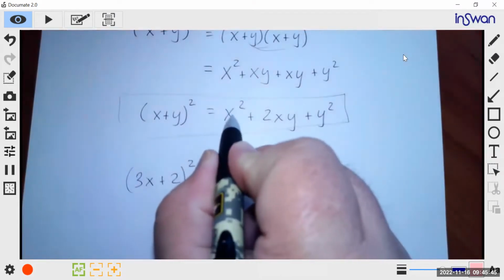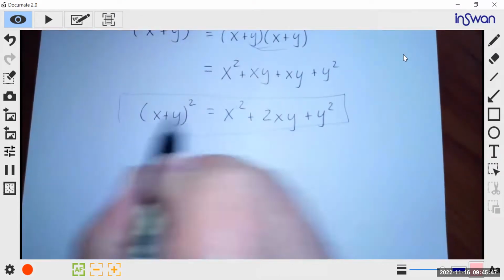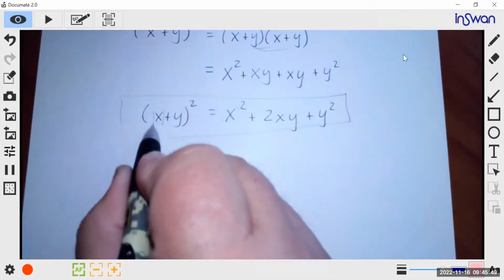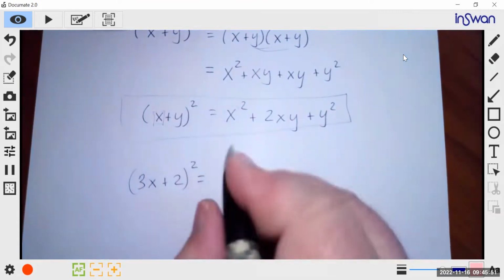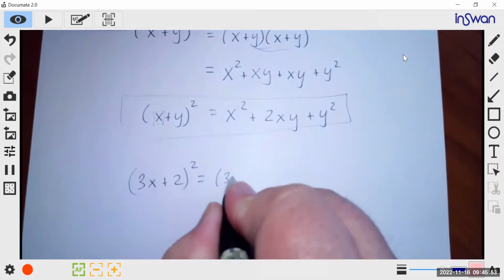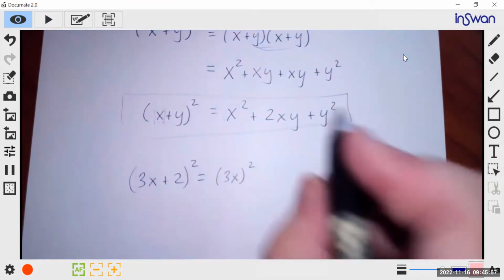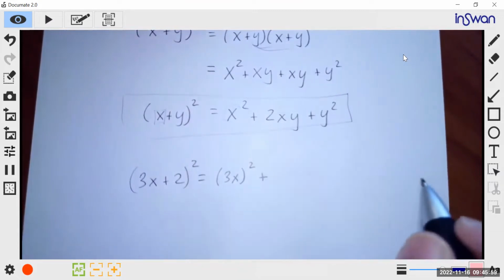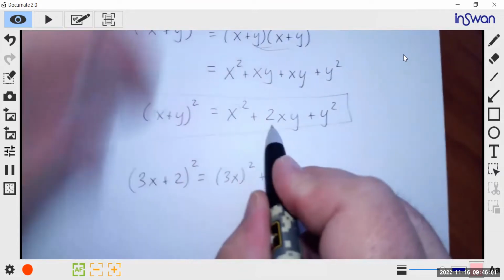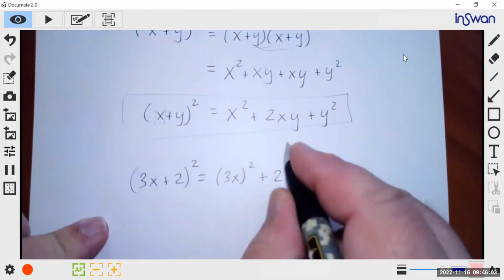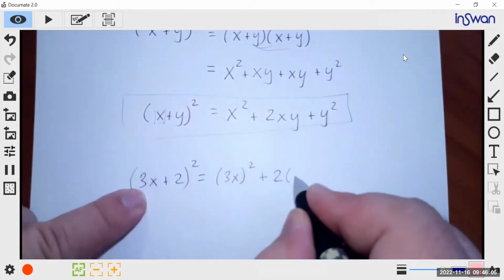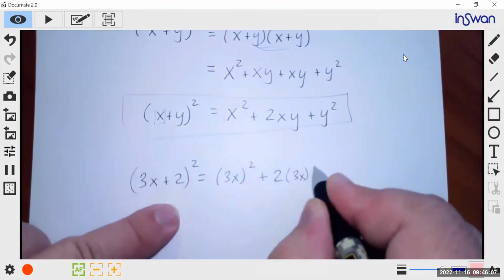This first part says whatever this first number is here, square it. So it's 3x squared. Plus 2 times the first term times the second term.